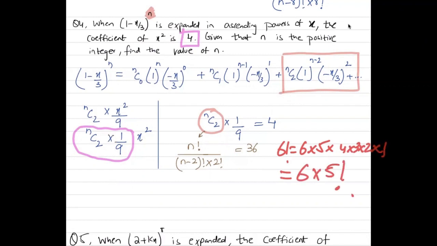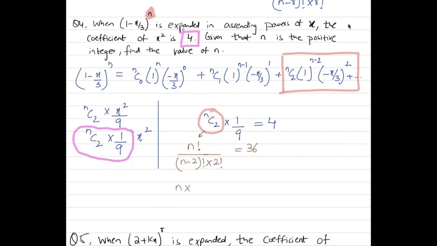So what do you think n factorial is going to be? n multiplied by n minus 1 multiplied by n minus 2 multiplied by n minus 3, and it is going to keep on going. But can I stop it by writing n minus 2 factorial?